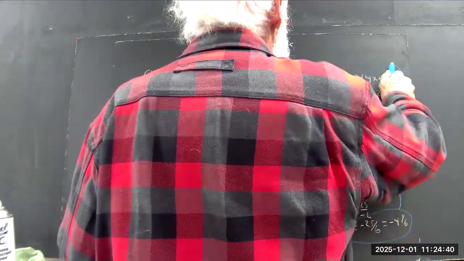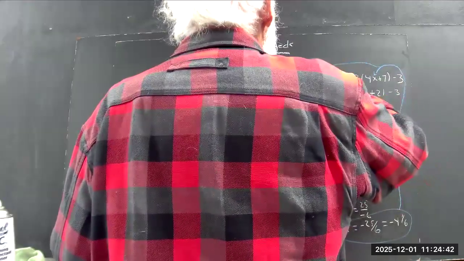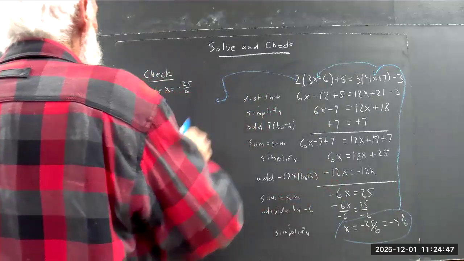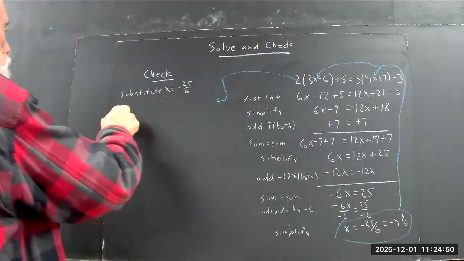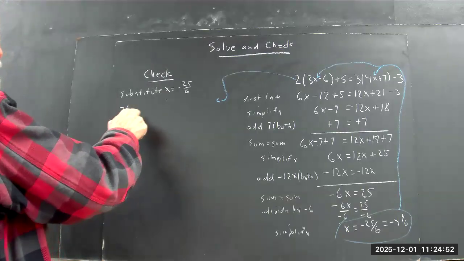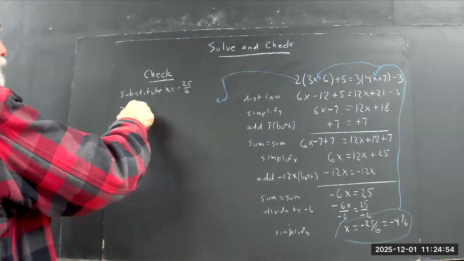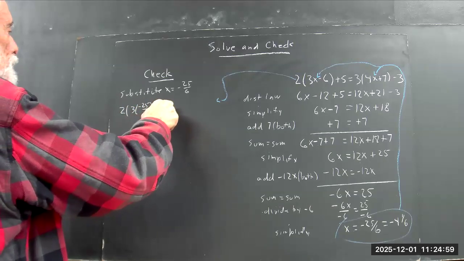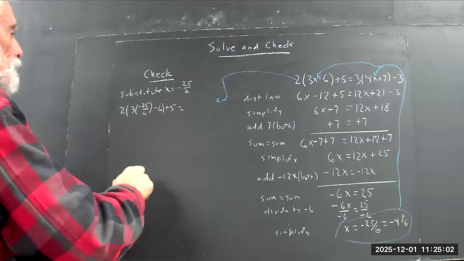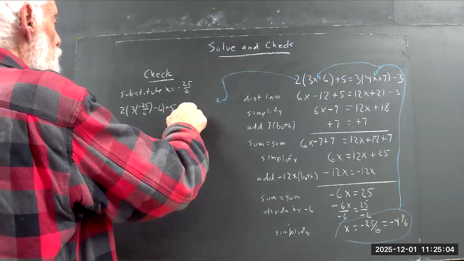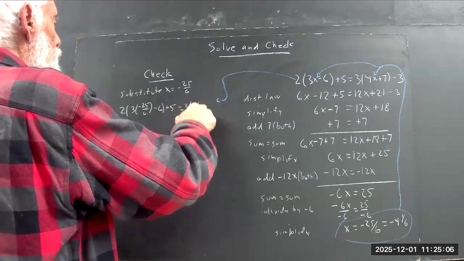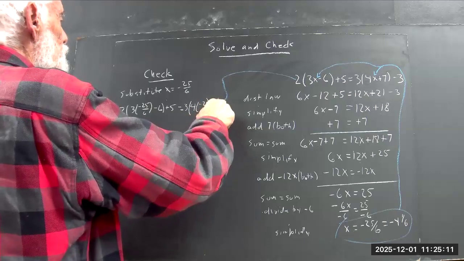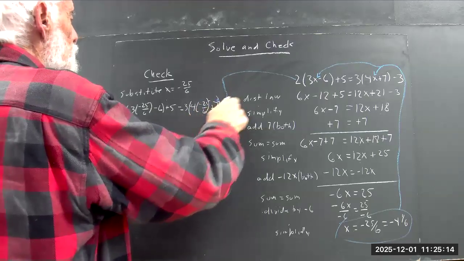We'll narrow up here to the original equation. And a couple of x's in this equation. And that leads me to this. 2 multiplied by 3 times negative 25/6 minus 6 plus 5 equals 3 multiplied by 4 times negative 25/6 plus 7 minus 3.